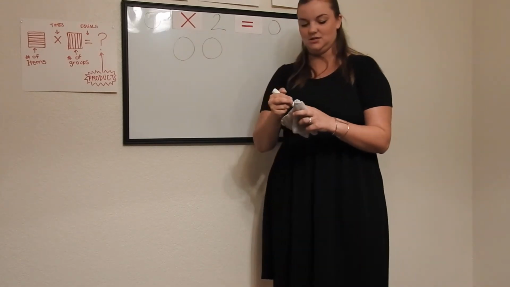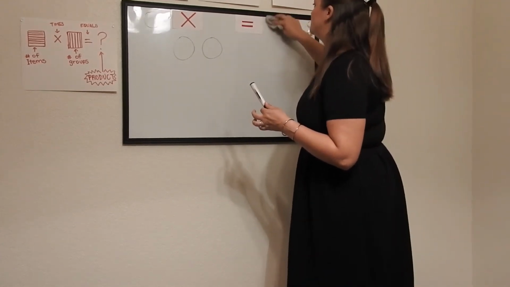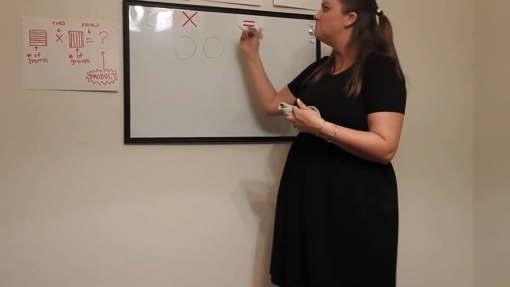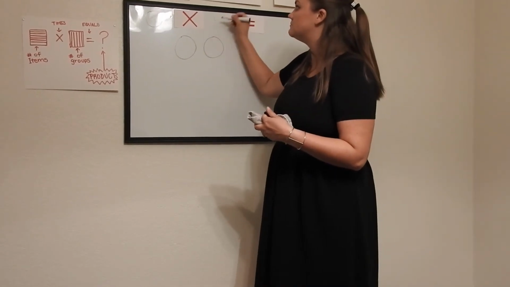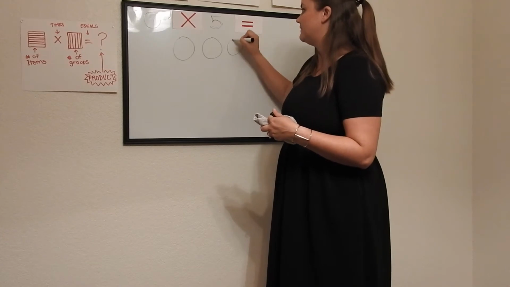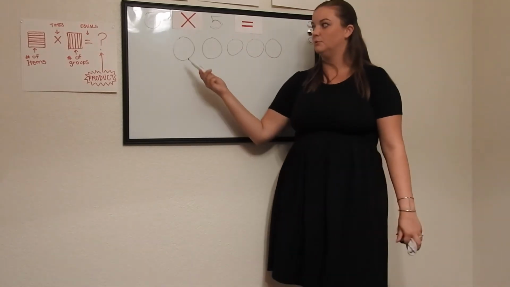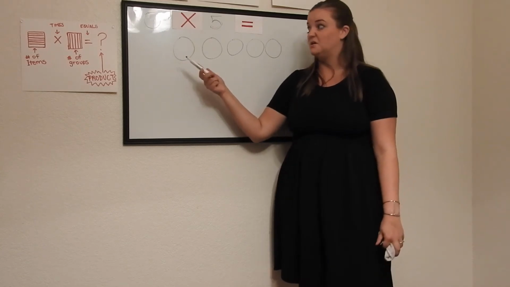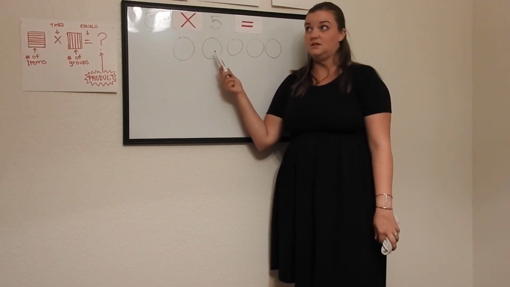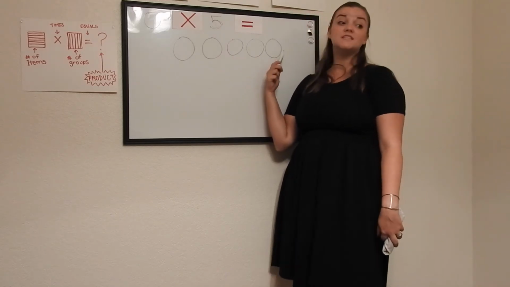Good job. What if we change it? What if we say 5 groups now? What's the answer going to be? Now we have 5 groups. Well, we don't put me in this one. And we don't put me in this one, or this one, or even this one.